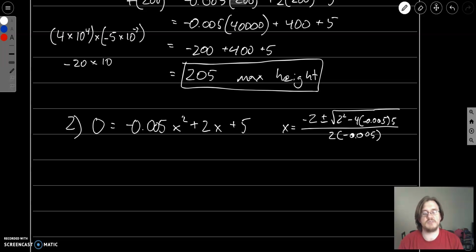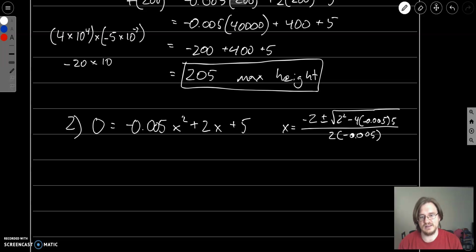And this is something that I'm just going to plug into a calculator. And what you'll notice is that when we add and subtract these values here, we're going to get both a positive number and a negative number.